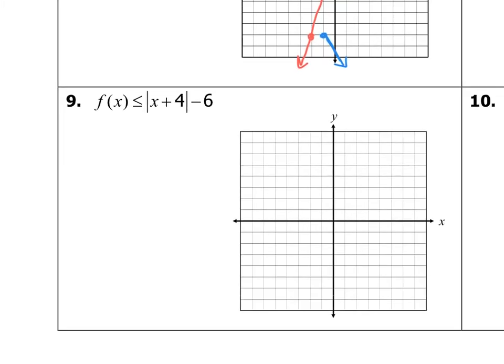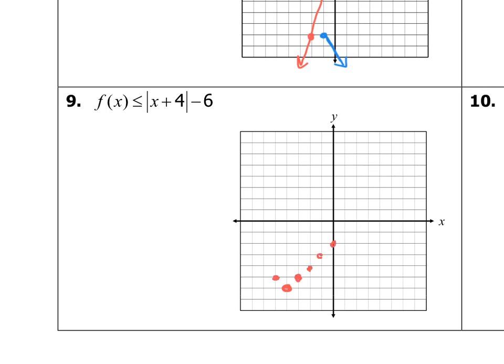Inequalities. So at least we can leave piecewise for just a minute. Left 4, 1, 2, 3, 4, and then down 6. That puts our vertex right there. Okay, if you remember from inequalities, we have a line underneath it right here, so we're going to have a solid line. And the A is 1, so it's up 1 over 1 in both directions.